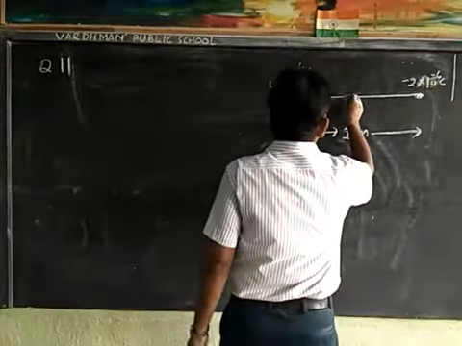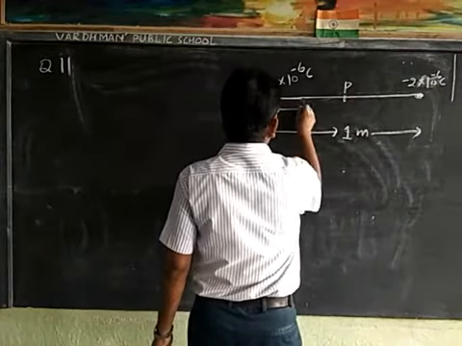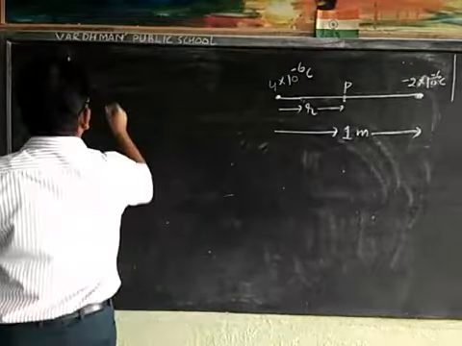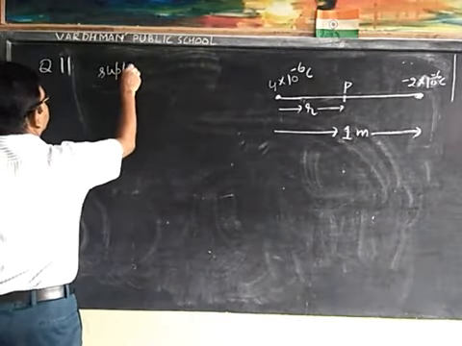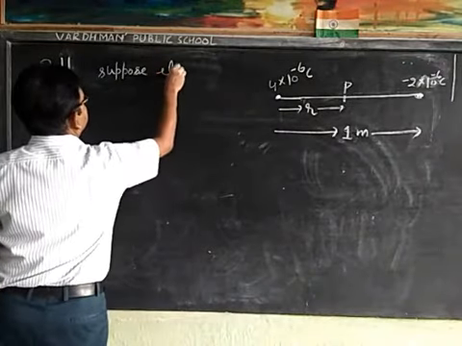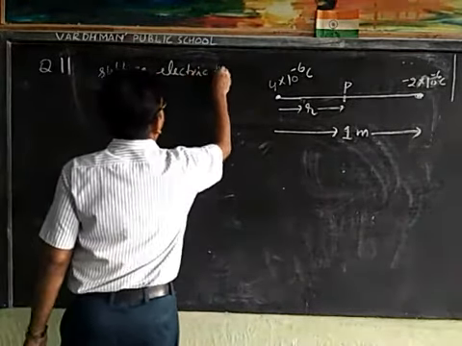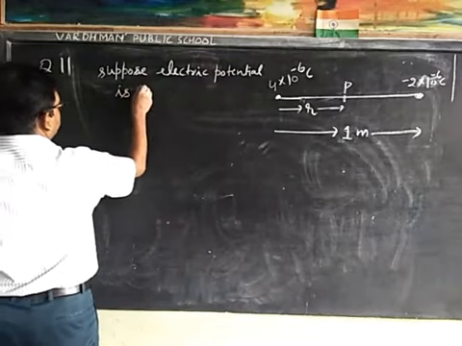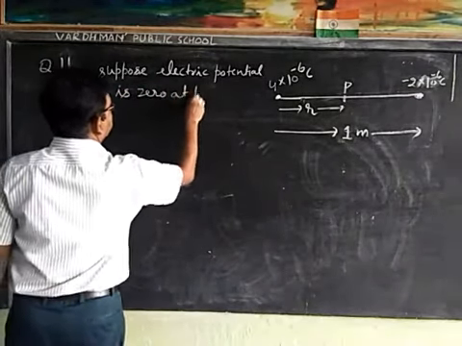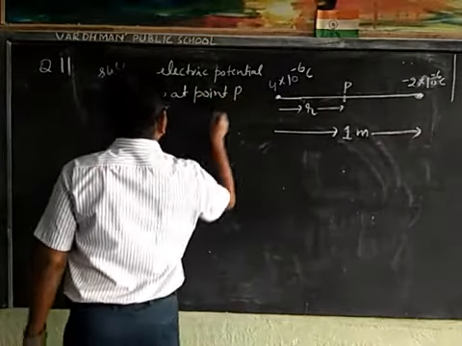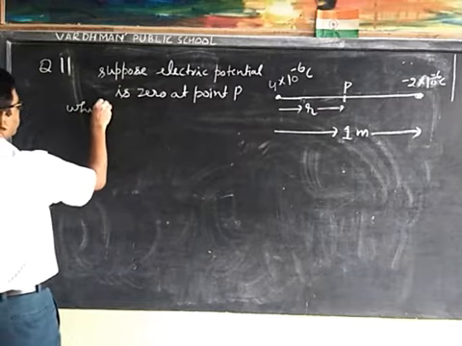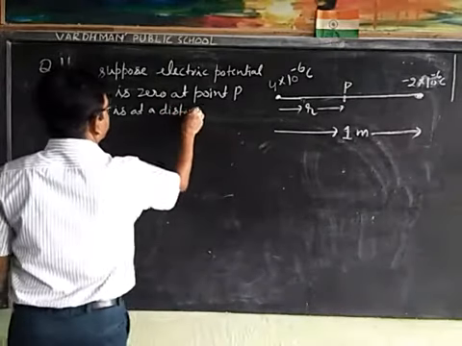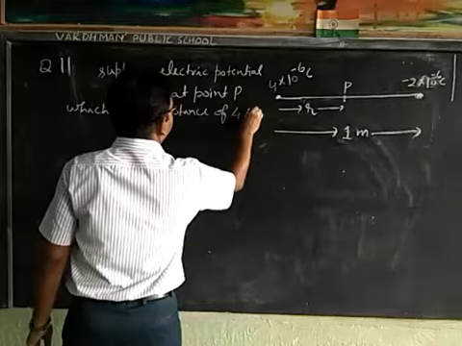Suppose electric potential is 0 at point P, which is at a distance r from the 4 microcoulomb charge.